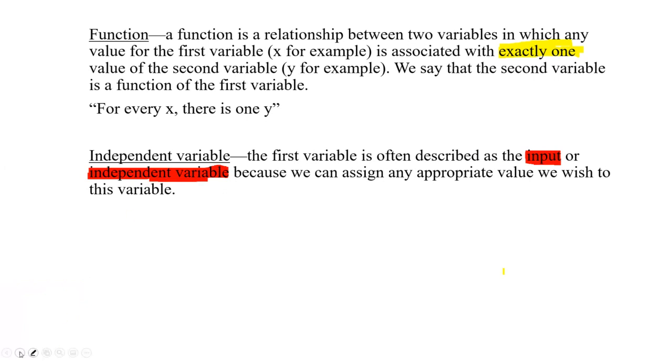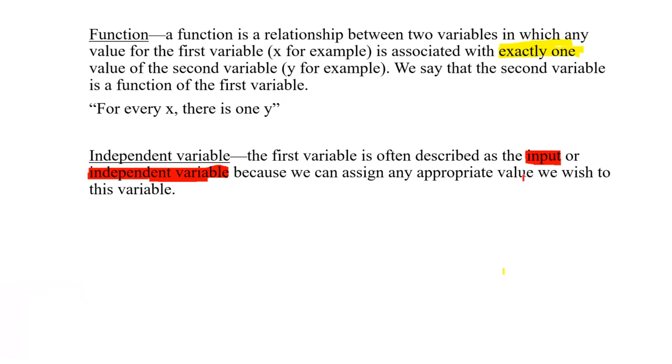What I mean by appropriate is, for example, if you have area and your independent variable is the radius of a square, radius cannot be negative. If you say -5 for radius, it doesn't make sense. So you have to choose positive numbers. So that's why we put the appropriate value right here in the sentence.